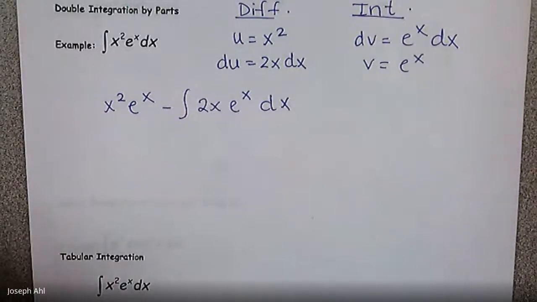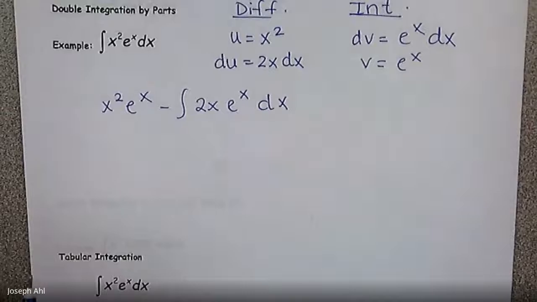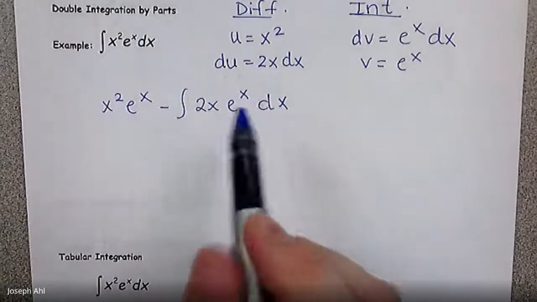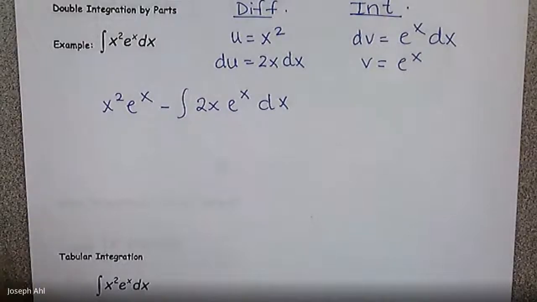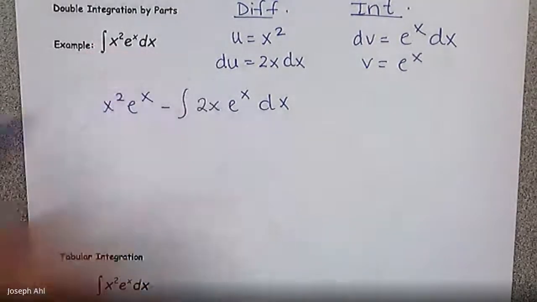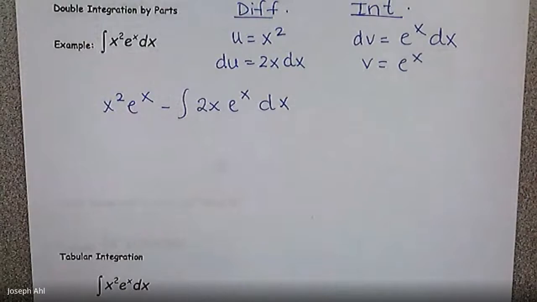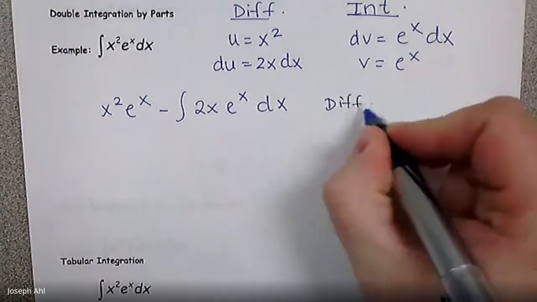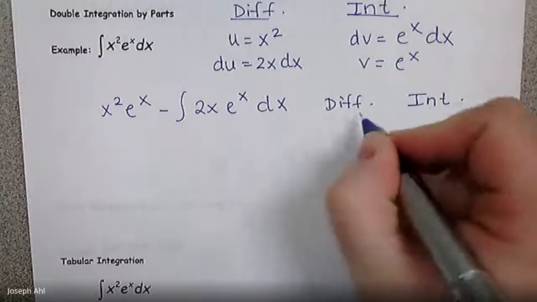But what we're going to have to do in this case is, as the title implies here, let's just do integration by parts again with this integral, and we'll continue to break it down to eventually get the antiderivative of x squared e to the x dx. So it doesn't really matter to me. I guess if you use u and v again, sometimes you'll see different variables used when we do it a second time.